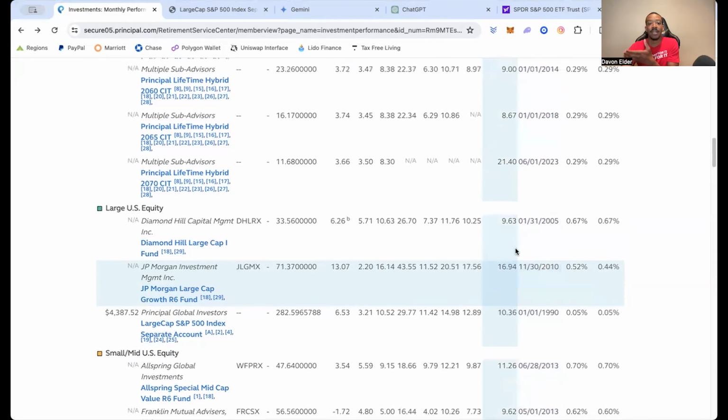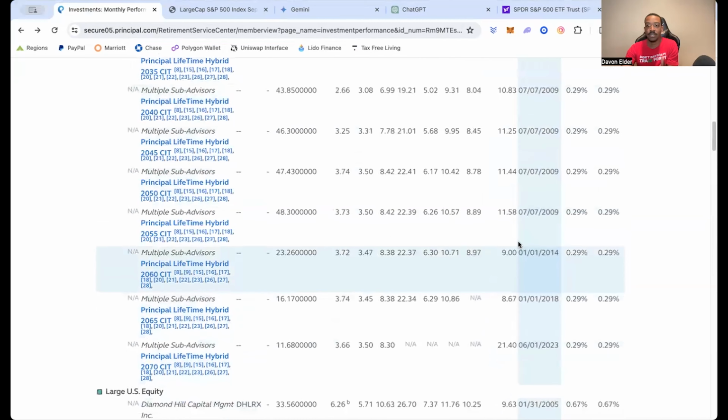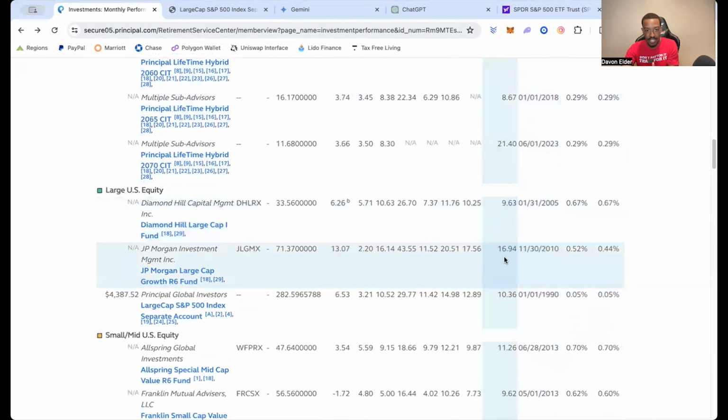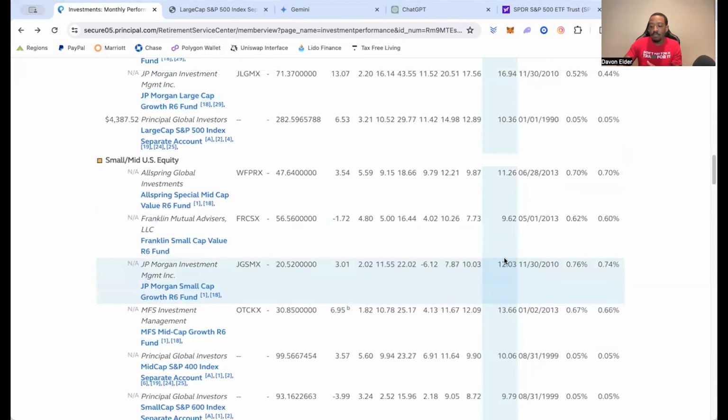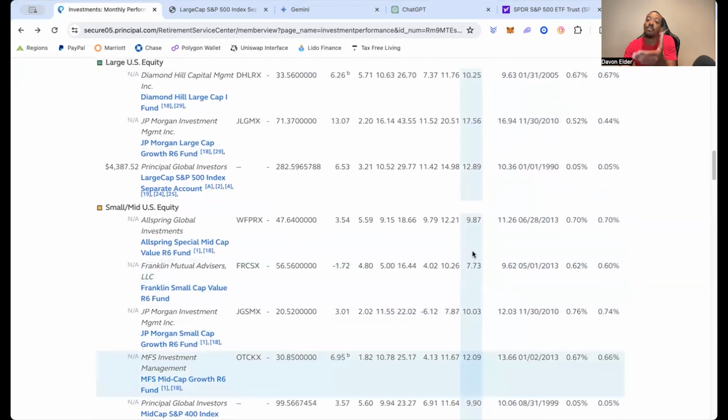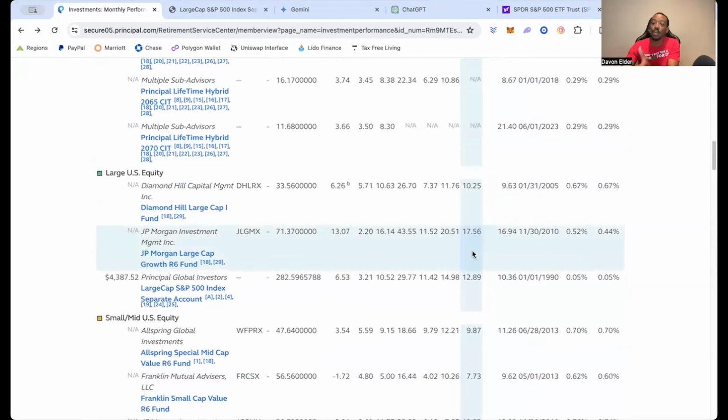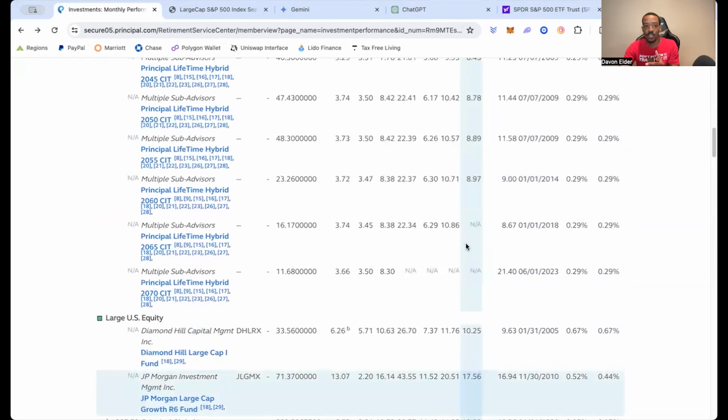But for a lot of our funds, like the target date funds and the large cap equity, the mid equity, and the fixed income, they're going to charge you a hefty price to hold those funds, they're going to be more expensive, and they're going to underperform over the long term.